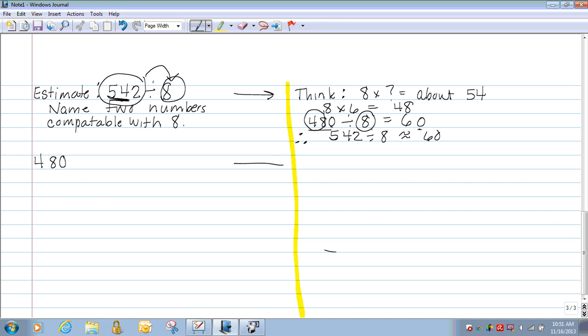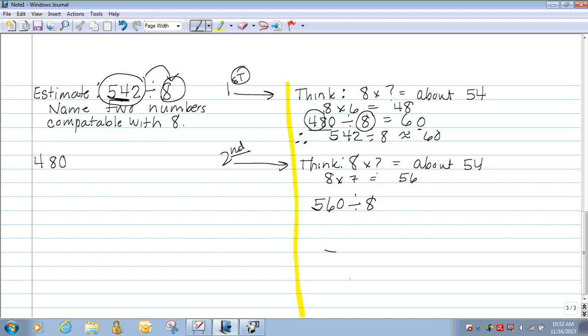A second possible solution: here's the first, here's our second. If I think 8 times some number, again, is about 54, and I know my math fact 8 times 7 equals 56, I can change my 542, my dividend, to 560.